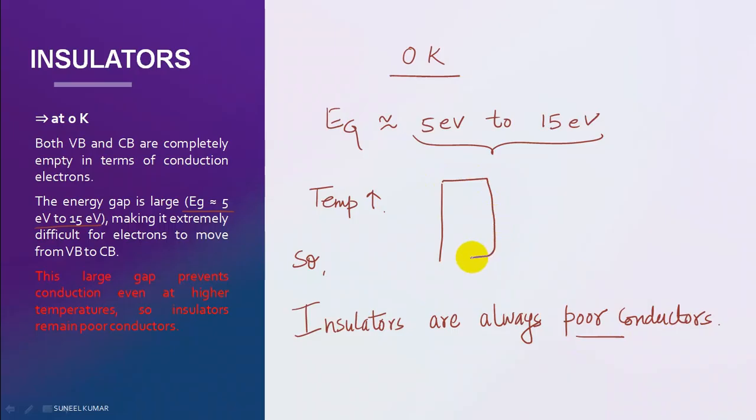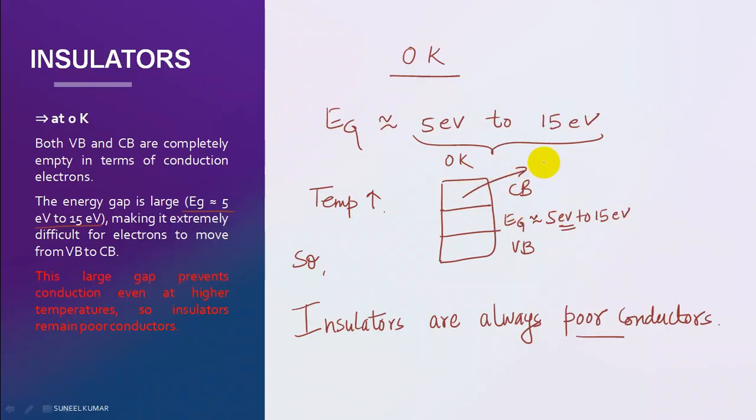Even at 0 Kelvin, this is the conduction band, this one is the valence band, and this gap energy is around 5 electron volt to 15 electron volt. What is an electron volt? This is basically the unit of energy that an electron must have, which we will discuss later in coming lectures.